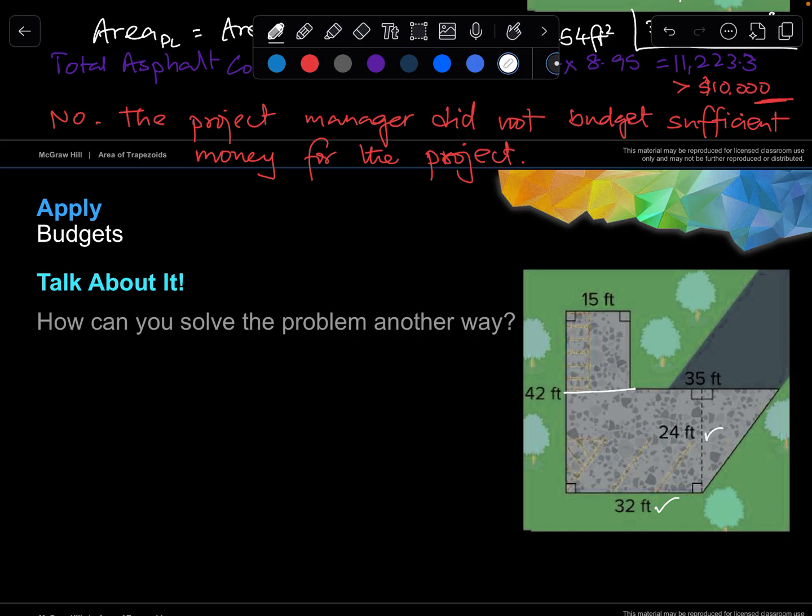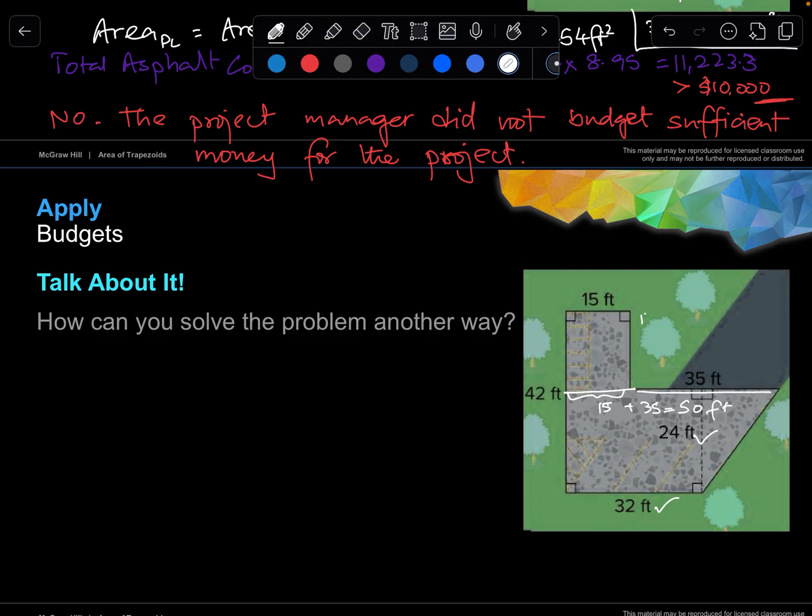Height is 24. Now this base for the trapezium is going to be 35, or rather, it's going to be 15 plus 35, which is equal to 50 feet.